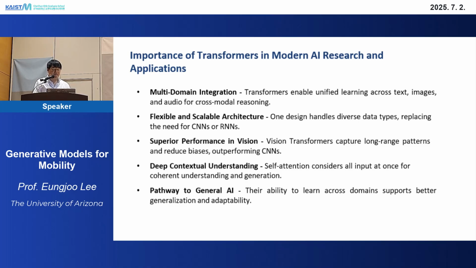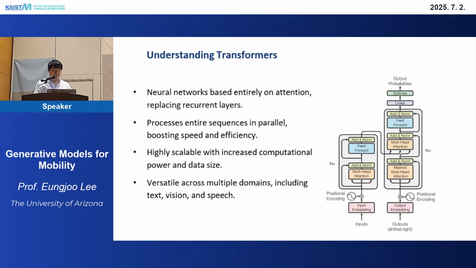In the vision field, typically they have achieved superior performance in different downstream tasks, and you can also achieve deep contextual understanding. This is a pathway to generative AI. So I will go in depth about this transformer so that you can have a better understanding. For those who already understand the transformer architecture, sorry about that, but let me go through this concept again.